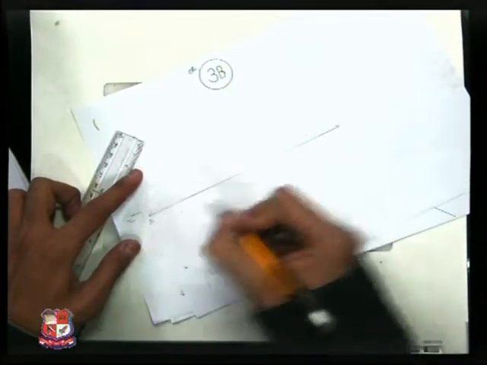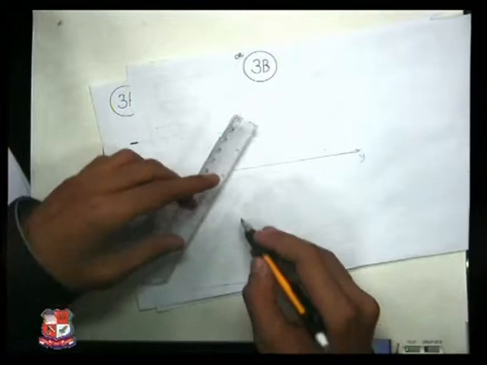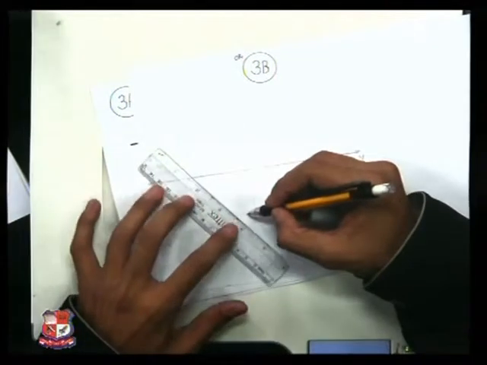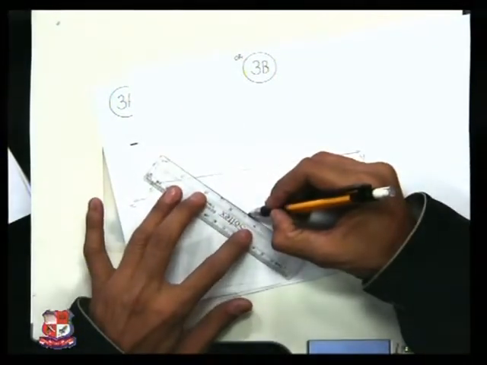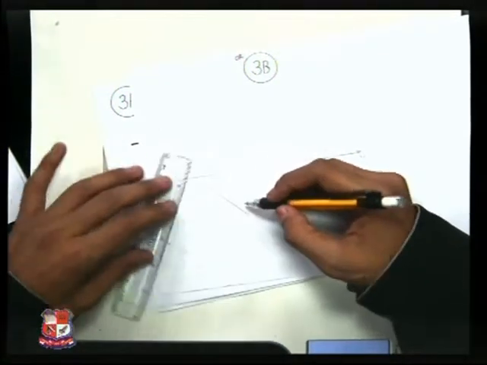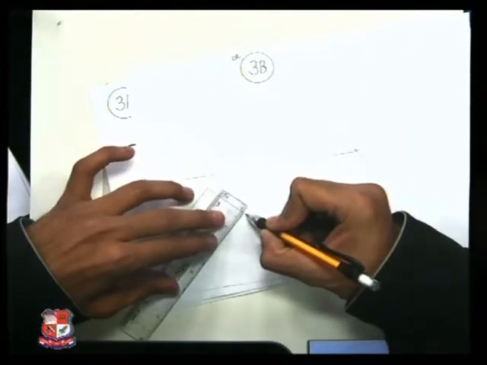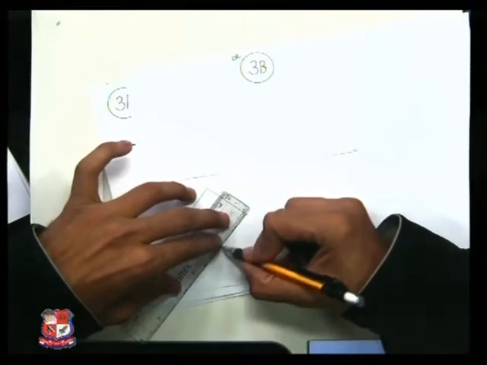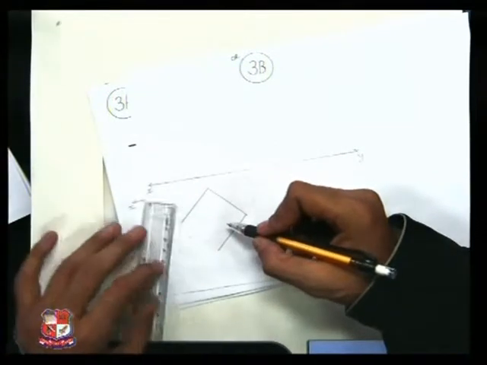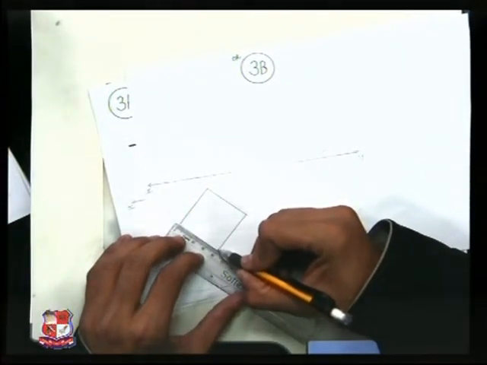Now we have to draw the square in such a way that all sides make an equal angle with the XY line, that is 45 degrees with the XY line. The side length is given to us, that is 80 millimeter. So we can reduce the scale. Here the scale is reduced 1:2, so 40 millimeter side we will take.